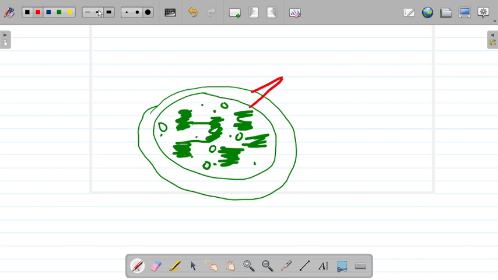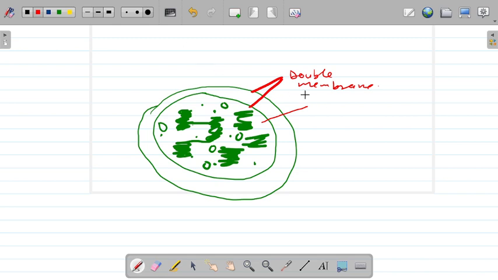Seeds do not have chloroplasts, but they do have mitochondria. Remember, chloroplast has a green pigment, so it's not really there yet. It only starts forming once it germinates, and then it gives off the leaves.